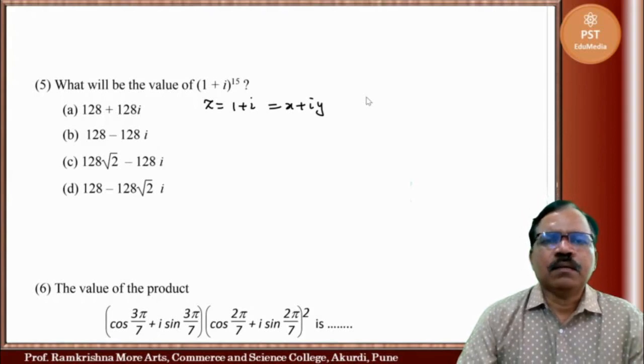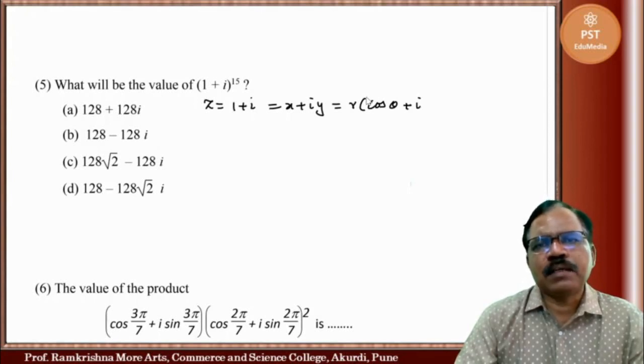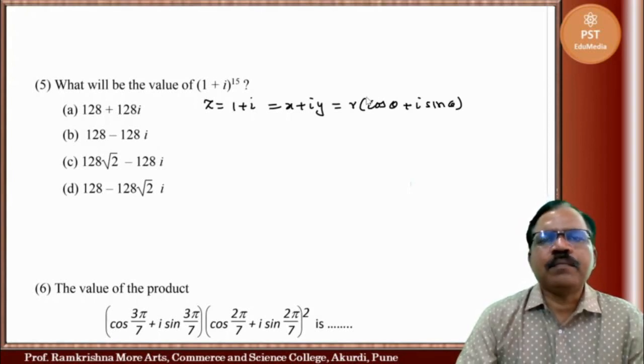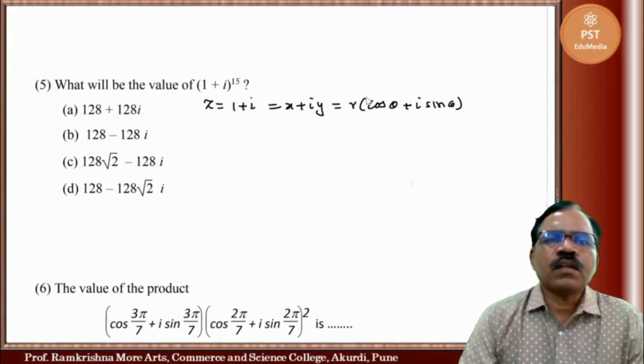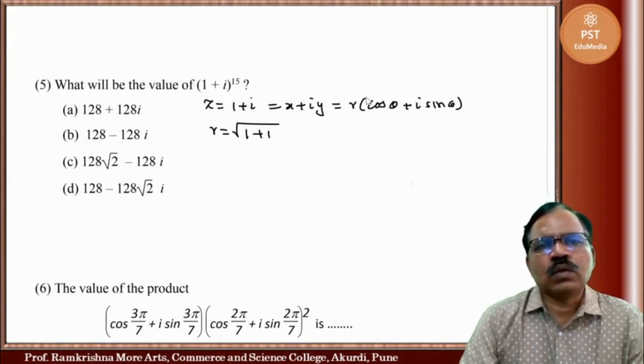First we'll convert this into polar form, r in bracket cos theta plus i sin theta. So here r is equal to root of x squared plus y squared. x is 1, y is also 1, so root of 2.